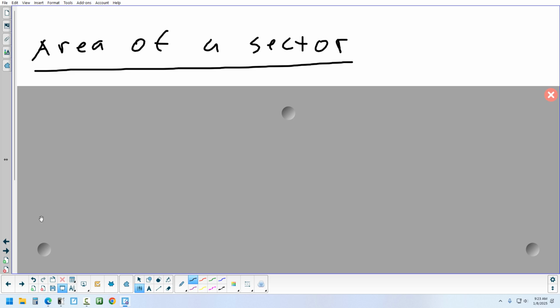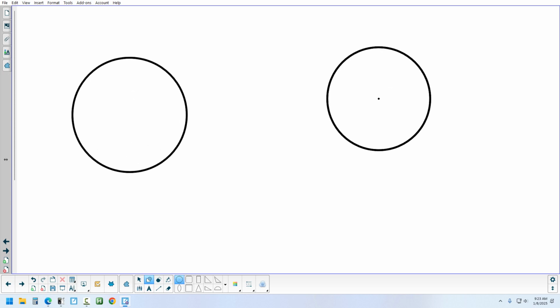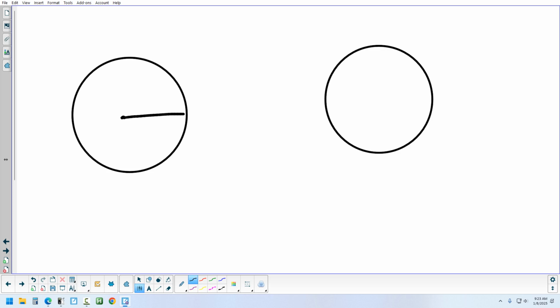So let's draw the same kind of picture and take a look. So here's two circles. Okay, I'm going to draw an angle in that one. How much is my angle in that picture? 90 degrees.